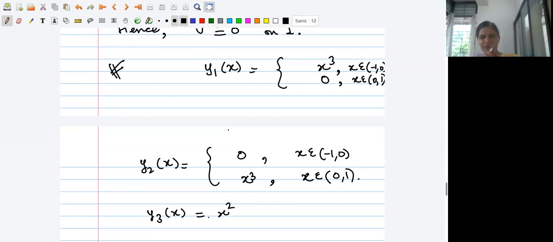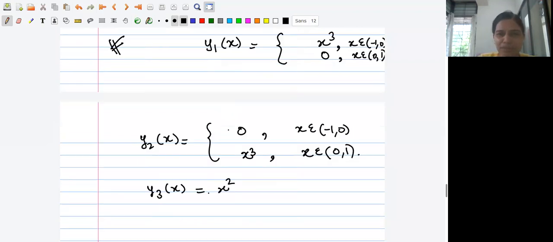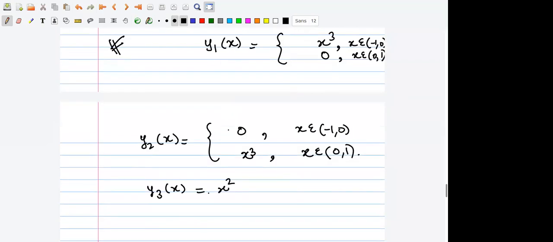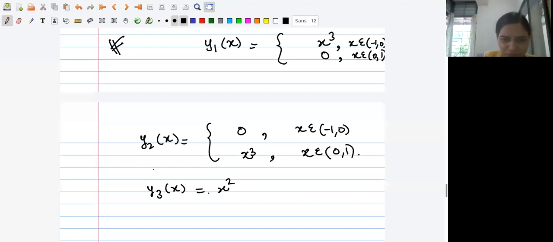Let's be careful. A linear combination will give x square mod x, which is basically x cube on -1 to 0 and x cube on 0 to 1. It is divided that way, so it's clubbed into two functions, which is right. This is a basis.